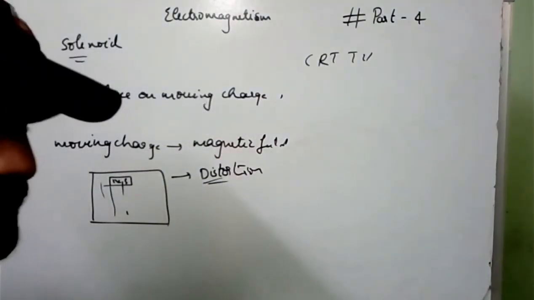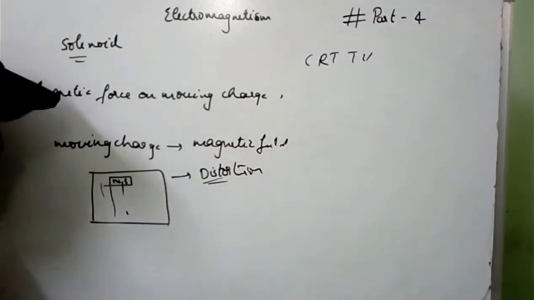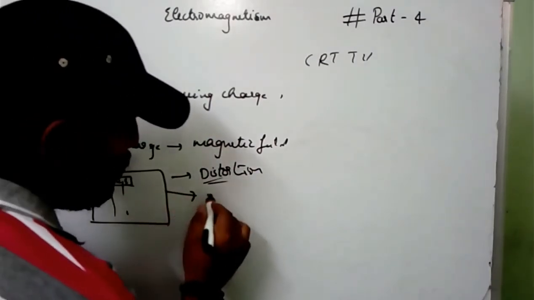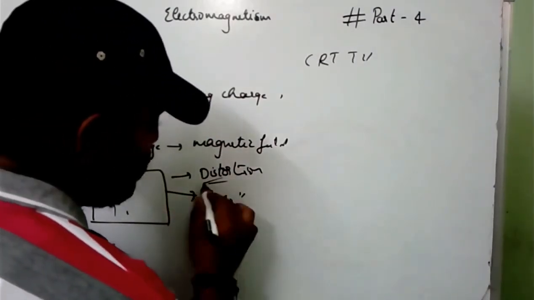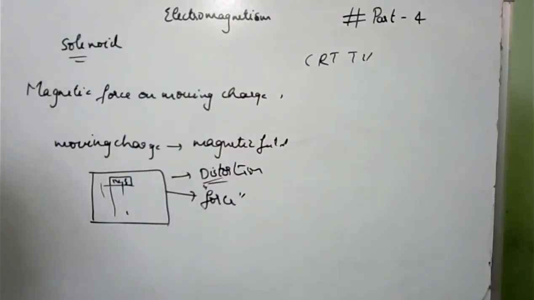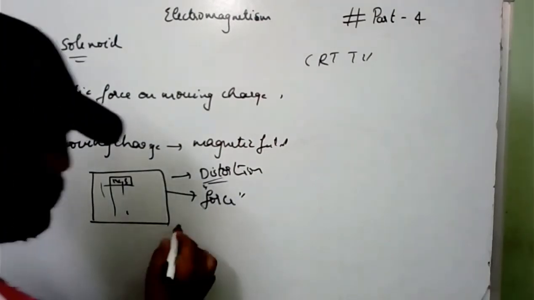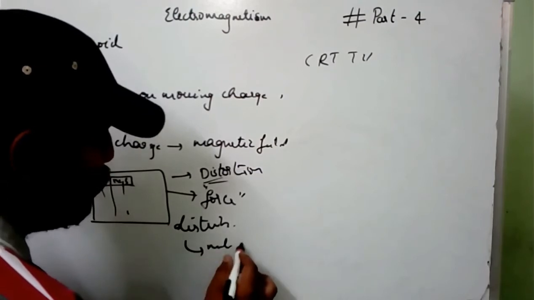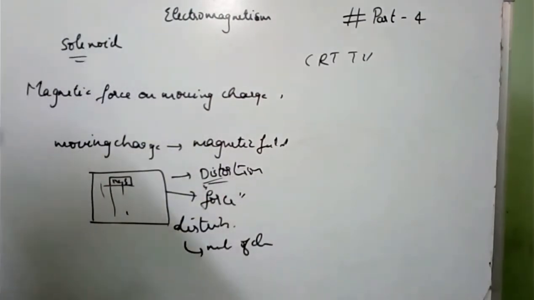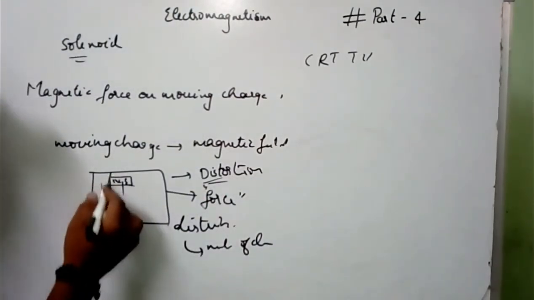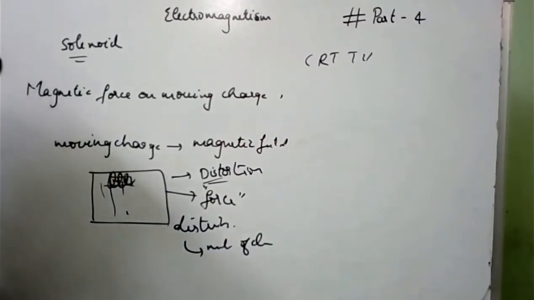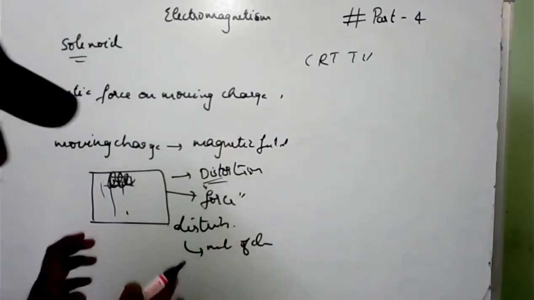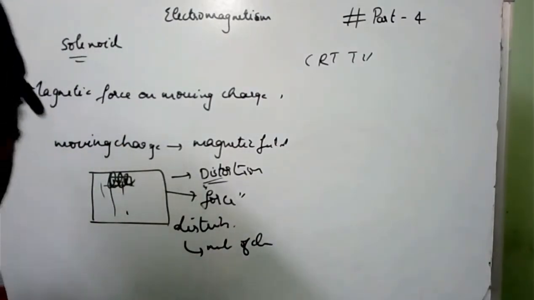It means the magnetic field is producing some sort of force, and that force is causing disturbances in the motion of the charges.